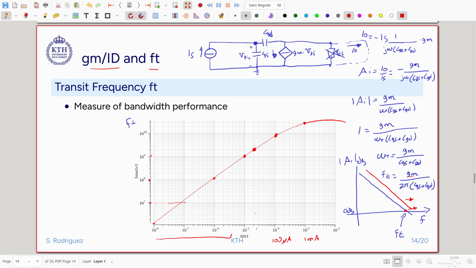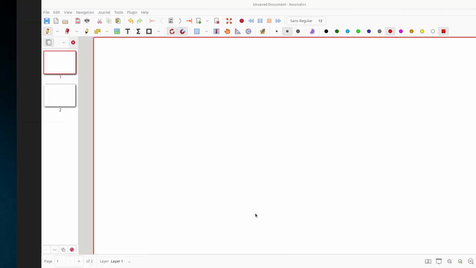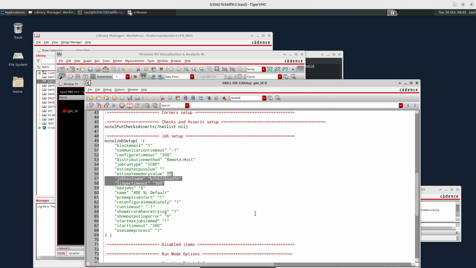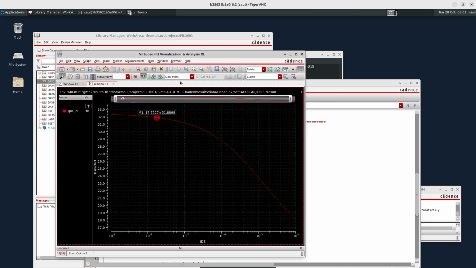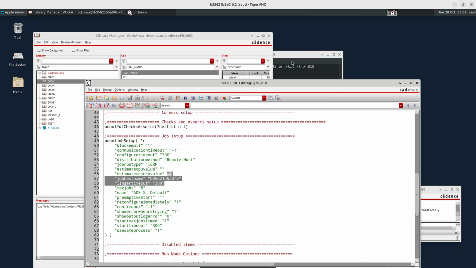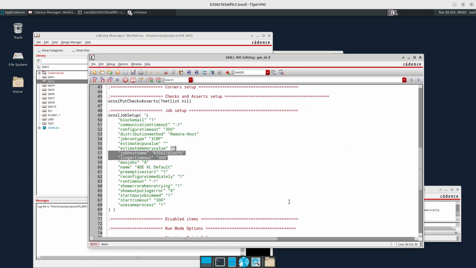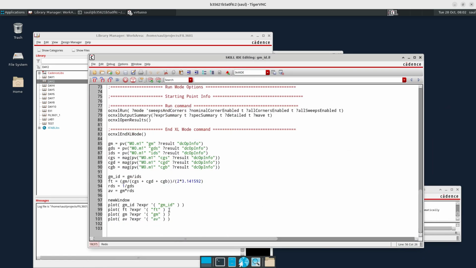So we use both curves, and that is the reason why in our setup in Cadence I actually have, let's plot it again, this one.